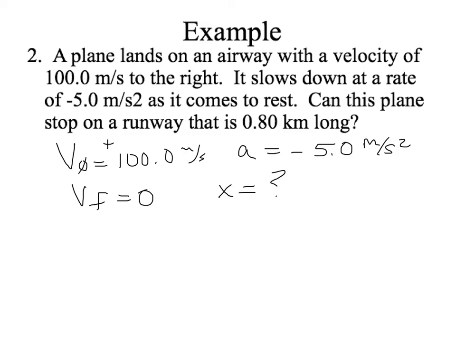Most of them, the first 3 actually have time. The last one is the only one that doesn't have a time component to it. And we have our v sub naught, we have our v sub f, we have our acceleration, and we're looking for x. So this would be the kinematic that I would choose because the other 3 have time associated with that.